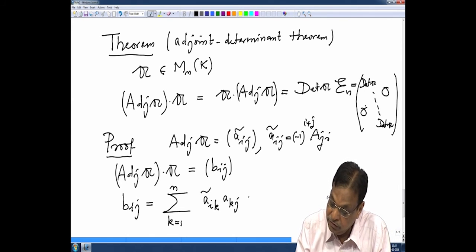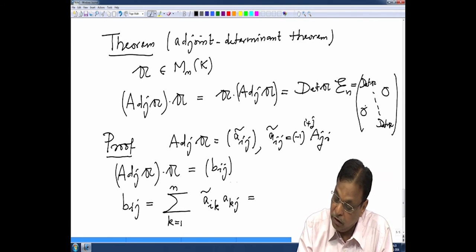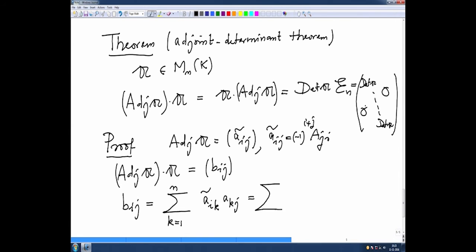I just plug in what tilde is, so this is the same as summation k from 1 to n of minus 1 power k plus i, capital A ki, times A kj.